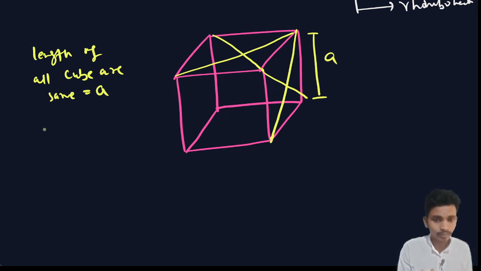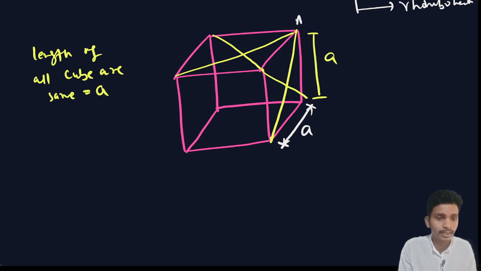I'm not going deeper into that; whatever is needed for us, I will discuss. Let's say this side is A and this is also A, because all the lengths of a cube are equal. Now calculate the length of this base diagonal.